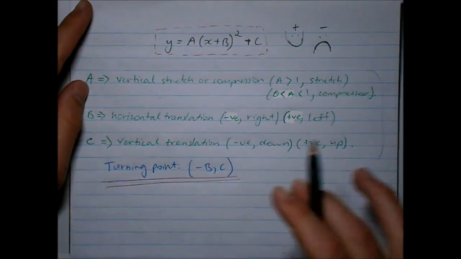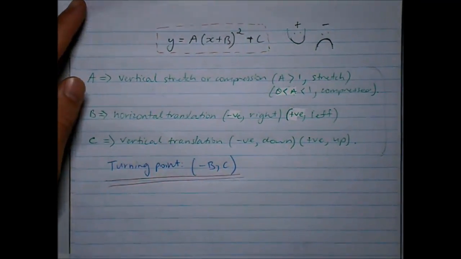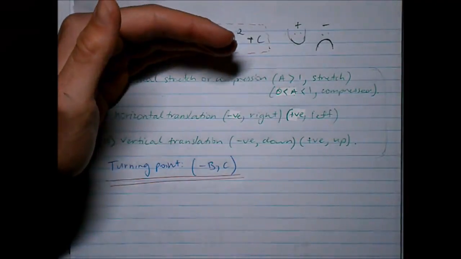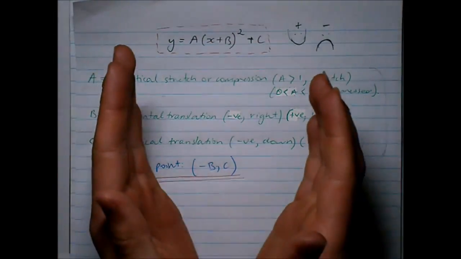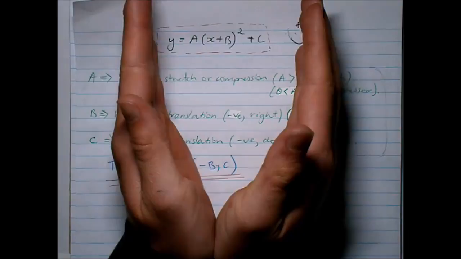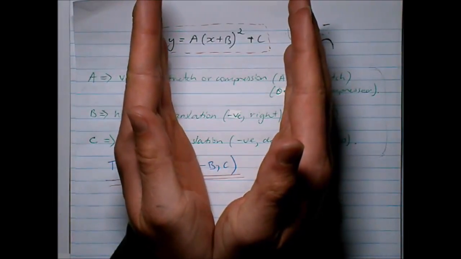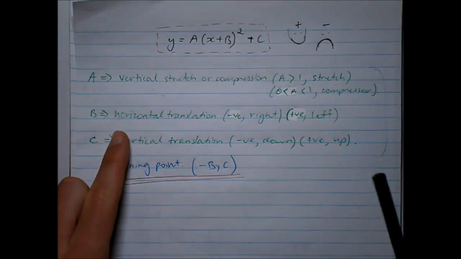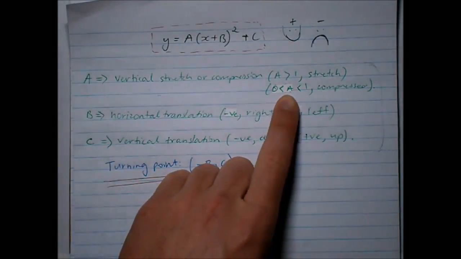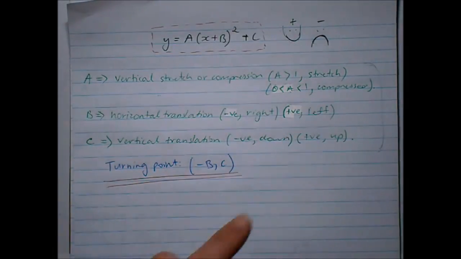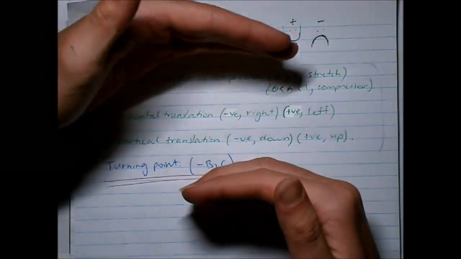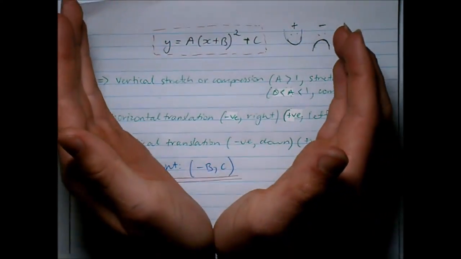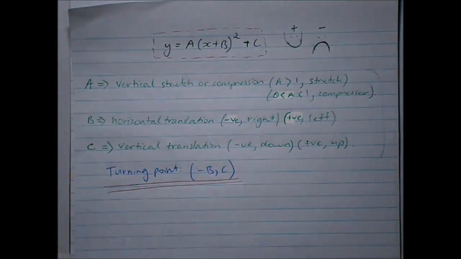If a is larger than 1, it's going to be stretched out vertically, and it's going to have a sharper turning point, so the two sides are going to be closer together. Whereas if a is between 0 and 1, it's going to compress it vertically and make it a little bit fatter at that turning point, open it up a bit.